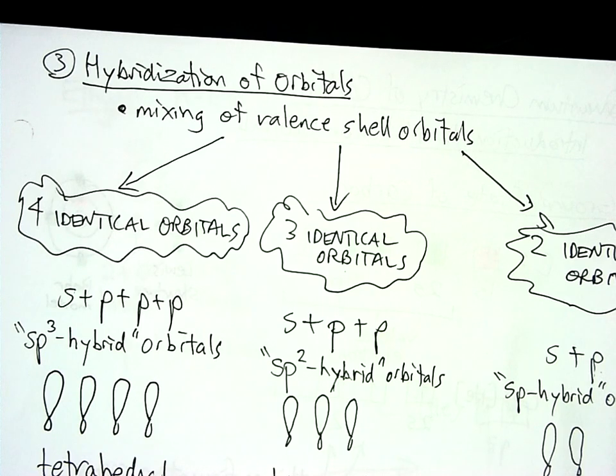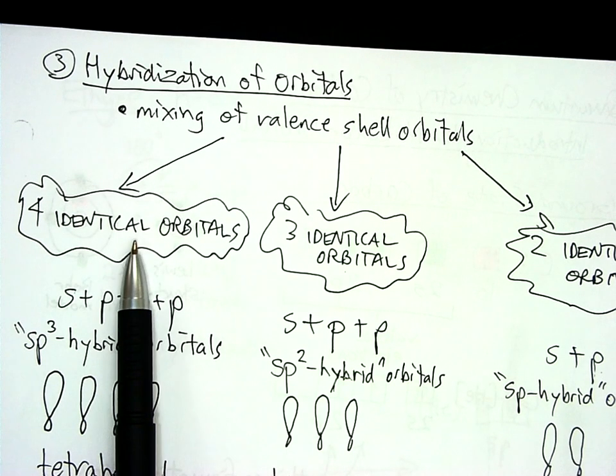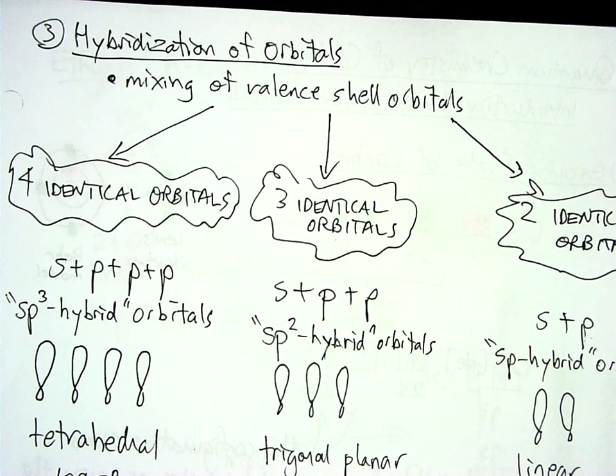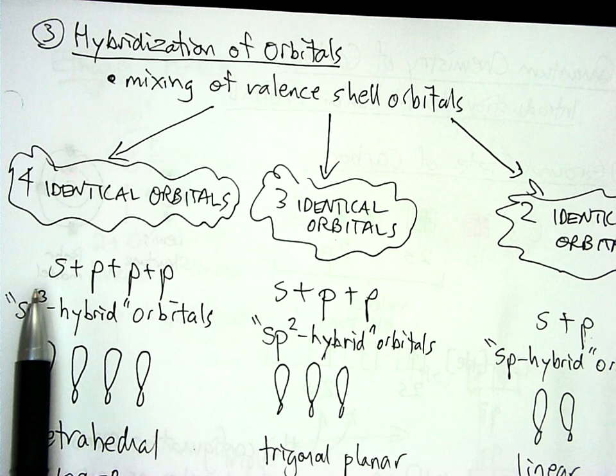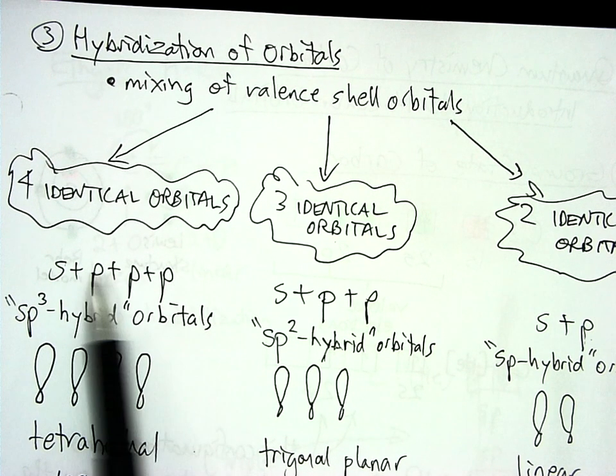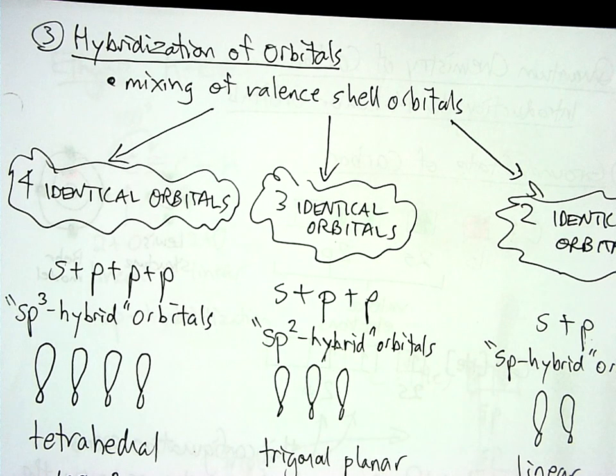If we need 4 identical orbitals so that they can overlap and form bonds with the orbitals of other atoms, we would need to mix that one s orbital with 3 of the p orbitals together to make 4 new orbitals, all with the same energy level.